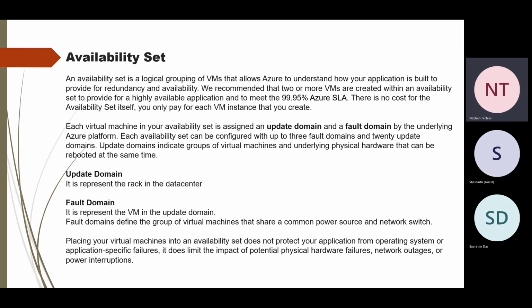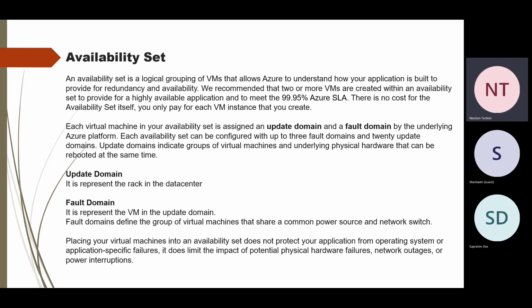We recommend that 2 or more VMs are created within the availability set to provide high availability of your application and database. Availability set guarantees a 99.95% SLA. If you deploy your VMs in an availability set, then your VM availability is 99.95%. In an availability zone, you are getting 99.99%.